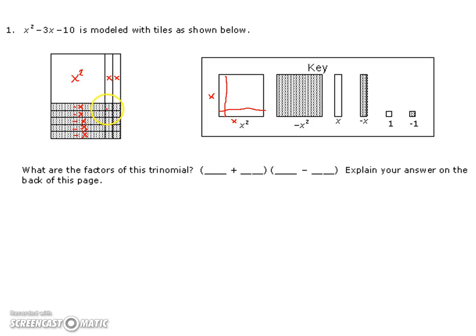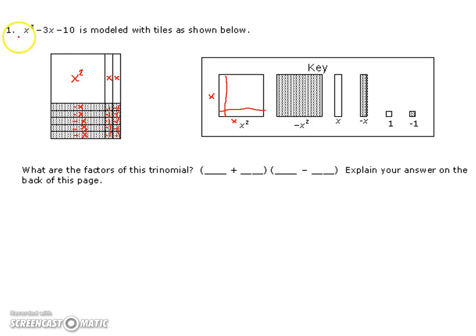And each of these guys each have a value of negative 1. Again, this is just based on what the key told us. This is the value of each of these blocks. Okay, so if you combine these, look at how you get x squared minus 3x minus 10.